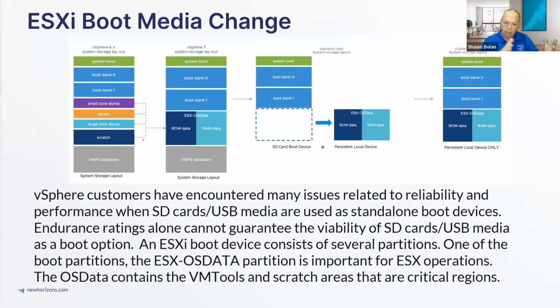So for many, many years, the trend on physical servers was that physical servers were being outfitted with internal SD cards or little USB drives, and when we did our ESXi installation, we were actually installing the ESXi operating system onto the SD card or USB media.